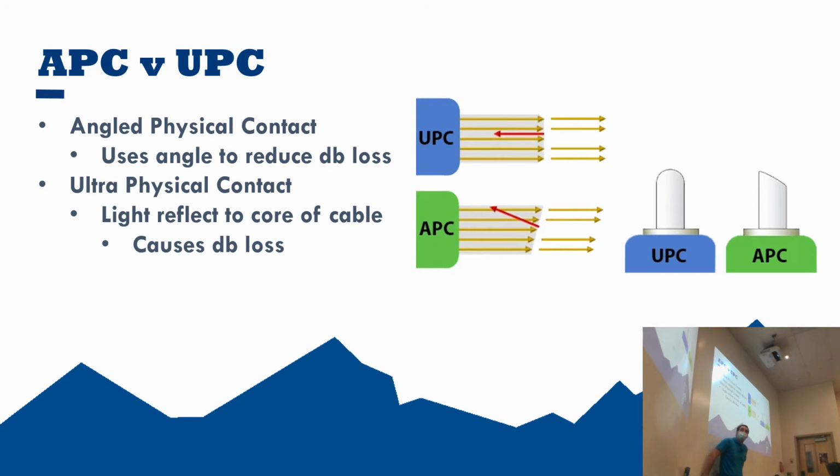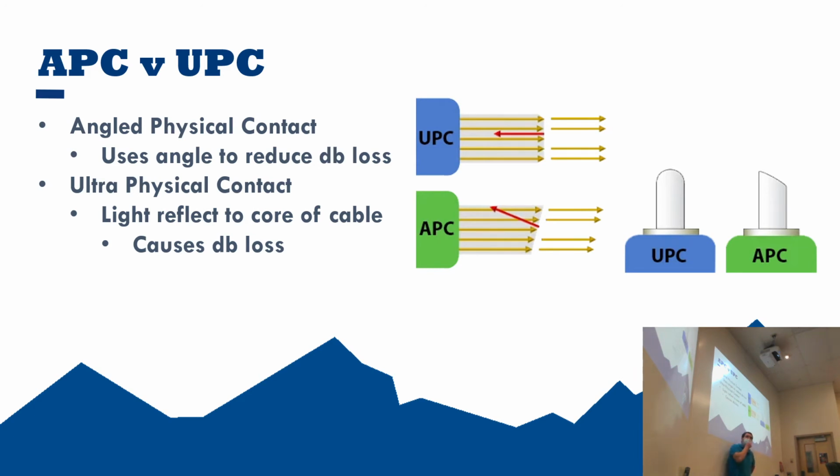So basically, in general, there are going to be some cases where you'd want to use one over the other. Certainly for durability, ultraphysical contact is going to be a lot better, because what can happen over time as you plug and unplug, or as more commonly referred to in networking, as you mate cables, you're going to see that this tip is going to dull. And what happens when the tip dulls is it's not going to reflect the light nearly as well.